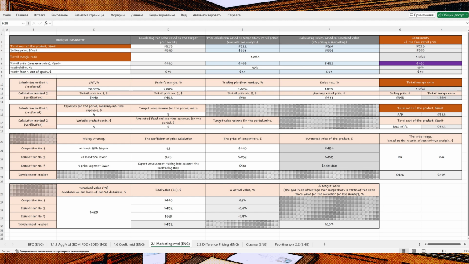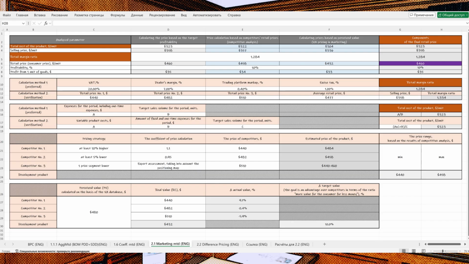An example of the application of the marketing pricing method will be discussed in more detail below. However, if we pay attention to the summary table of stage 1 for this period, we can see the full correspondence of the indicators total cost, selling price, retail price, and profitability with the basic product calculation.